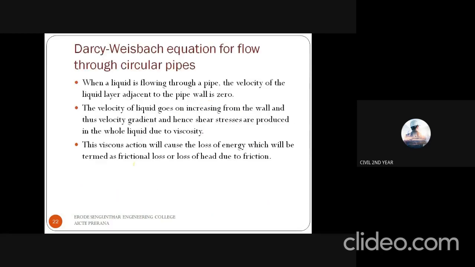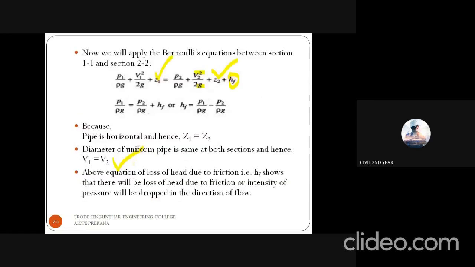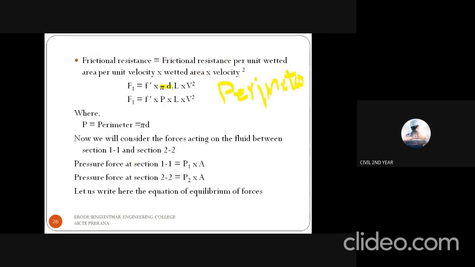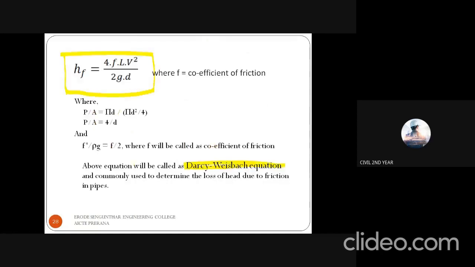And Darcy-Weisbach equation is applicable for turbulent flow, which happens above 4000 Reynolds number. We considered two sections, with parameters perimeter and area. Then finally we derived hf equal to 4 f L V square by 2 g D, where f is the coefficient of friction.